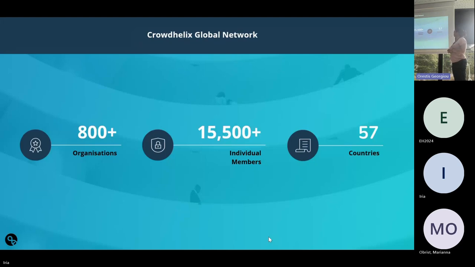Currently, we have more than 800 organizations that are part of this platform, more than 15,000 individual members from 57 countries. This covers all EU member countries. Most of the third countries are associated with Horizon, like Turkey, Israel, Switzerland, Serbia, Canada, New Zealand. And some other countries, organizations from Asia and Africa.